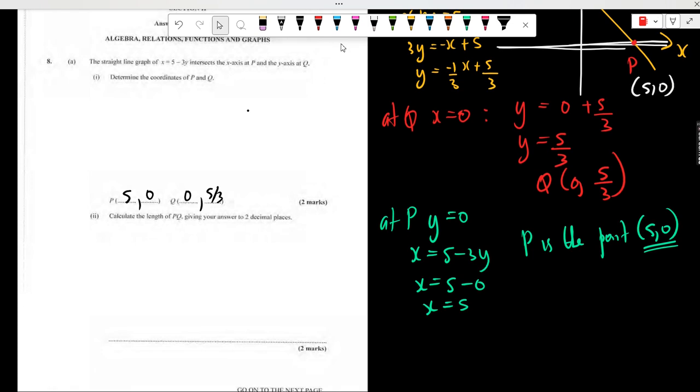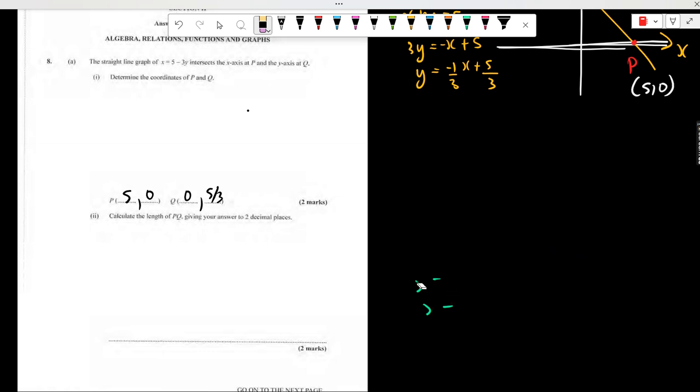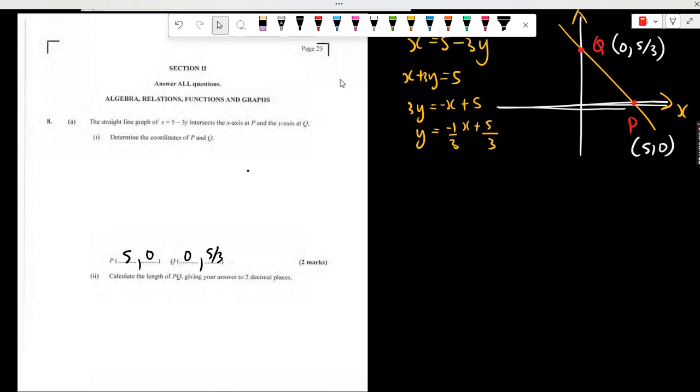All right, let me make some space here. So they want us to find the length of PQ.